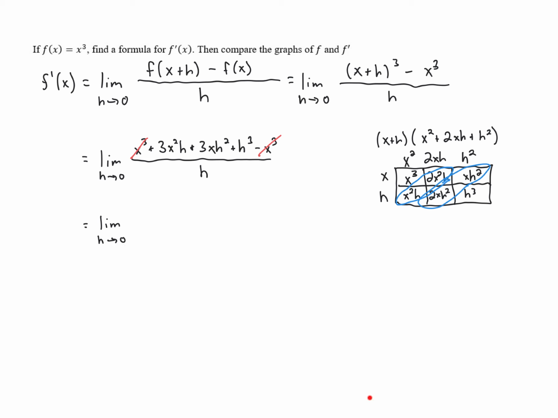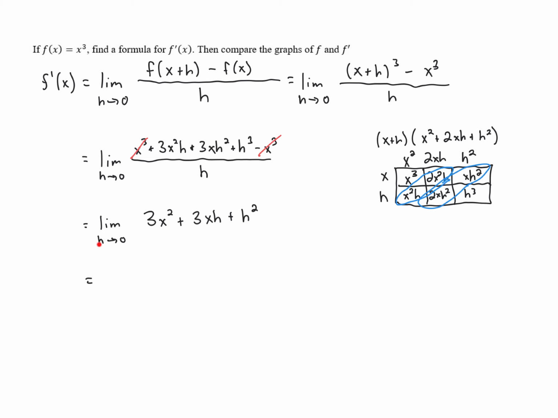All right, 3x squared h divided by h is 3x squared, plus 3xh squared divided by h is 3xh, and then h cubed divided by h is h squared. Now that we've gotten rid of the h in the denominator, we've got a polynomial here.